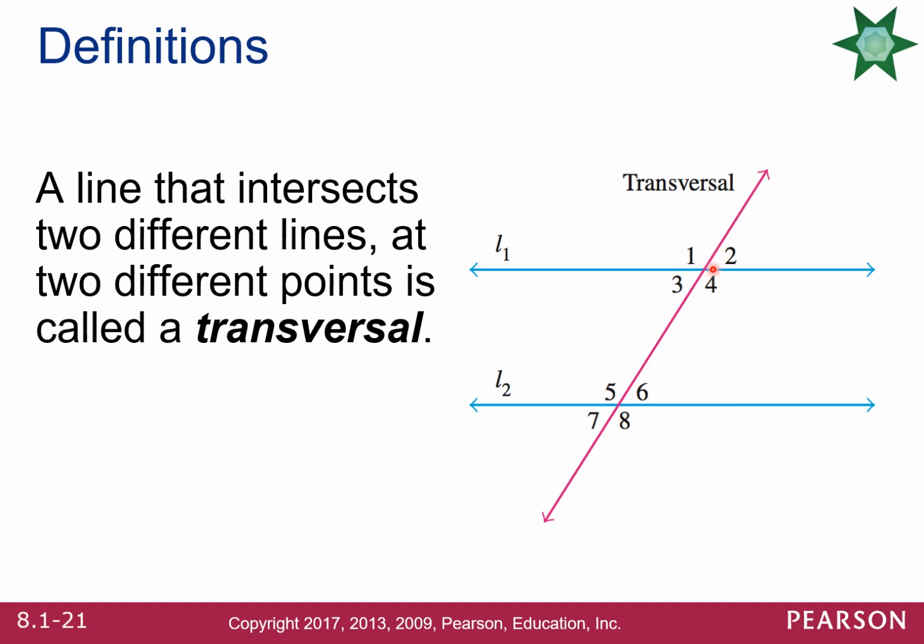It meets the two lines at 2 points, and it forms 8 angles. There's angle 1, 2, 3, and 4 formed with line 1, and 5, 6, 7, 8 are the 4 angles formed with line 2.